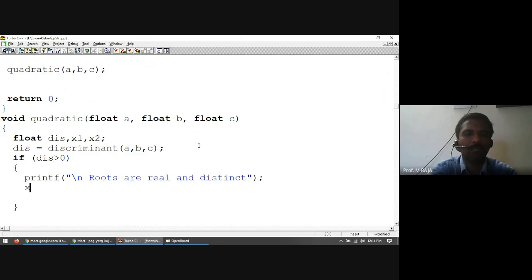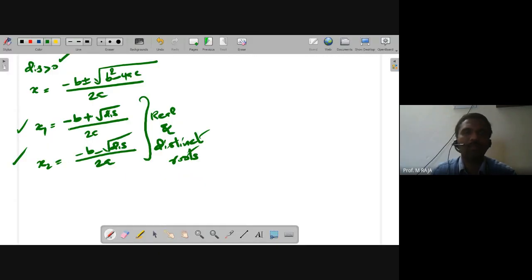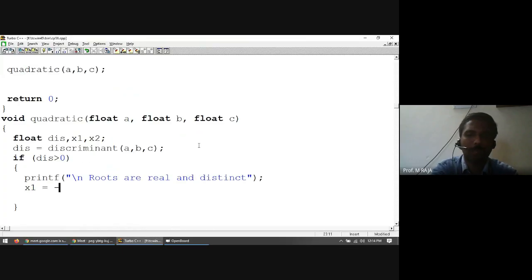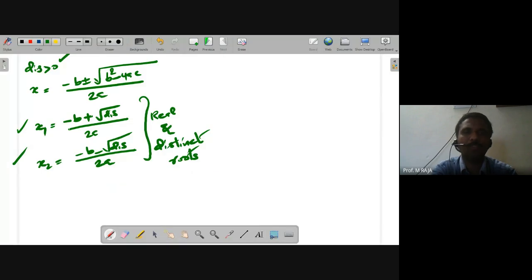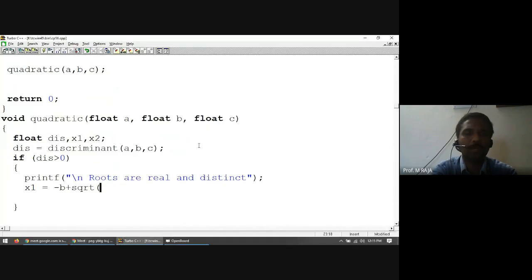Here x1 is equal to our computation: minus b plus square root of discriminant by 2a. For the square root we can call the function sqrt and include the header file math.h. So minus b plus square root of discriminant, divided by the denominator which is 2.0 star a. This is the value of x1.